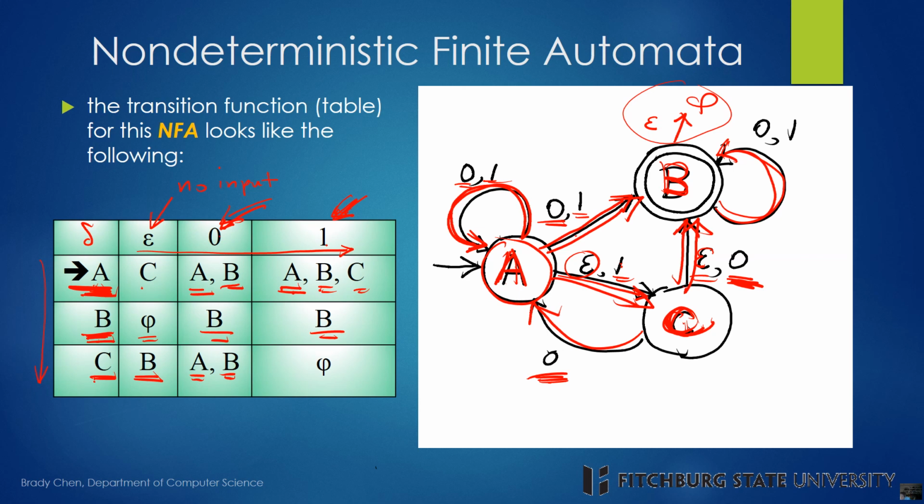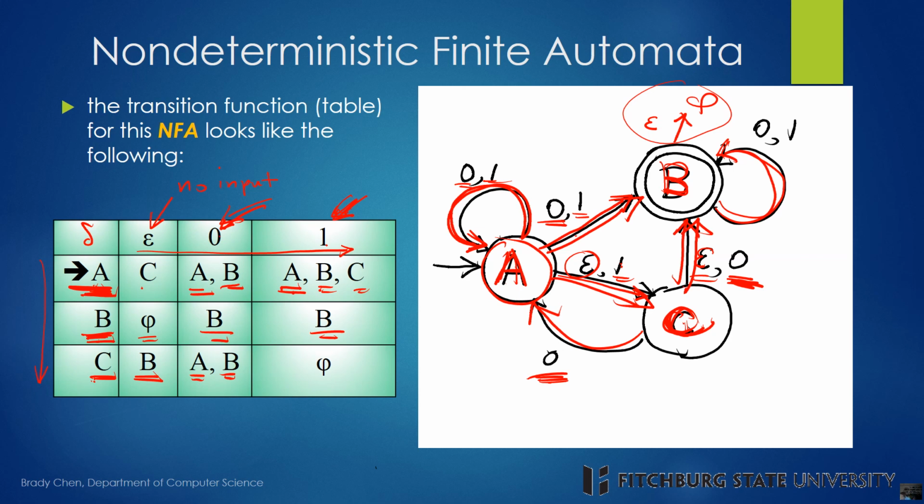Now with C and 1, if the current state is C and the input is 1, the diagram doesn't show this. In deterministic finite automata, this is not correct, because with any state, you have to define what the next state is for any input value.